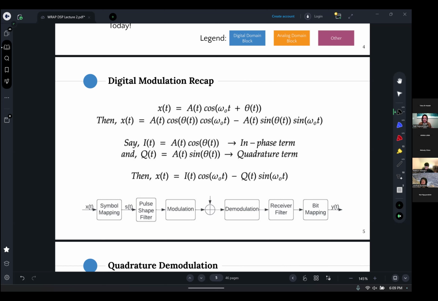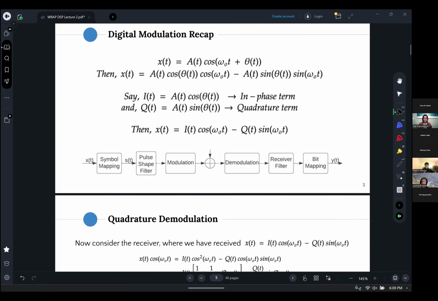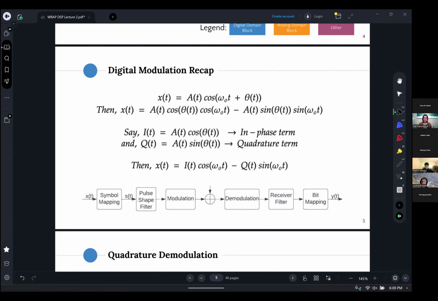One is a cosine and one is a sine. When we adjust the amplitudes of these, just the strengths of them, and then add them together, we get a properly phase and amplitude modulated signal. And that's what we mean by our I and Q representation. That is our in-phase and quadrature.